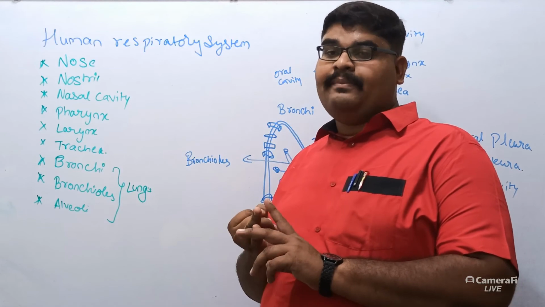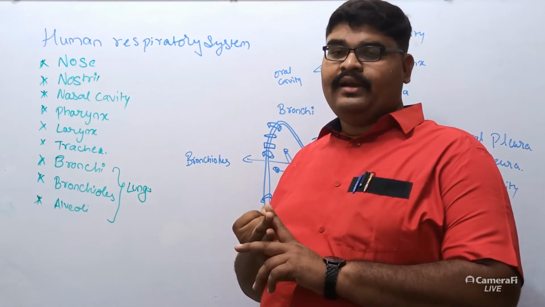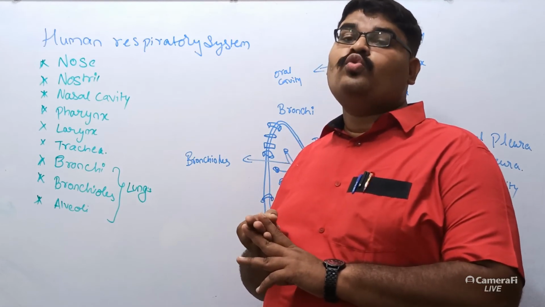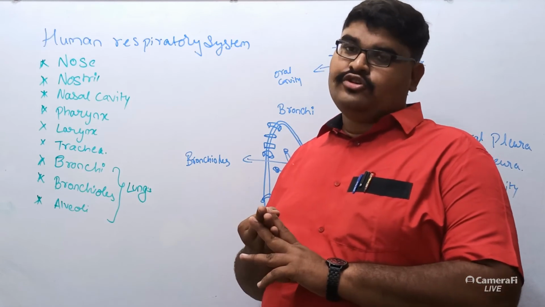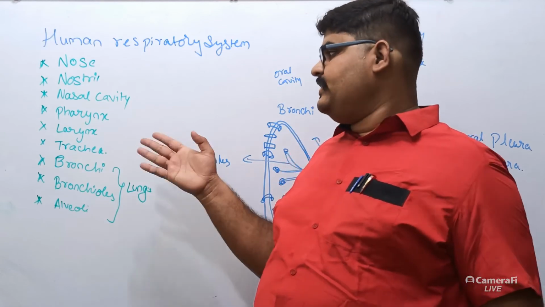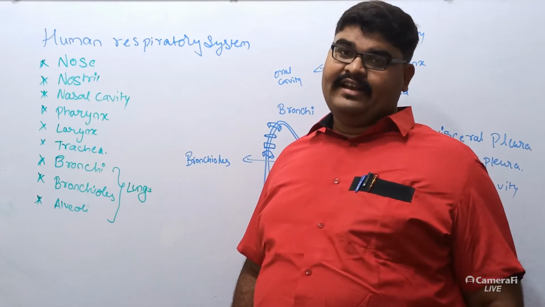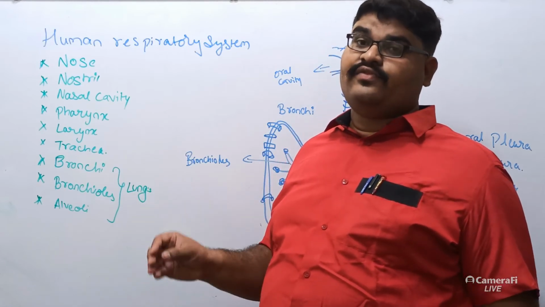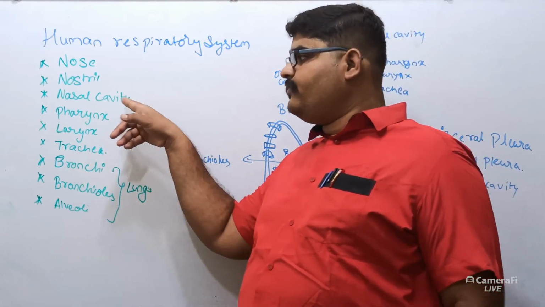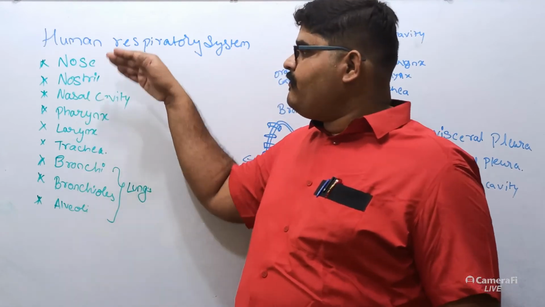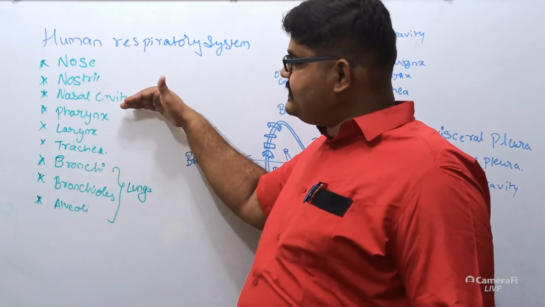And third, it also warms the air. These are the three functions of the mucus found in the lining of the nasal cavity. So we have finished the nose, nostril and the nasal cavity.